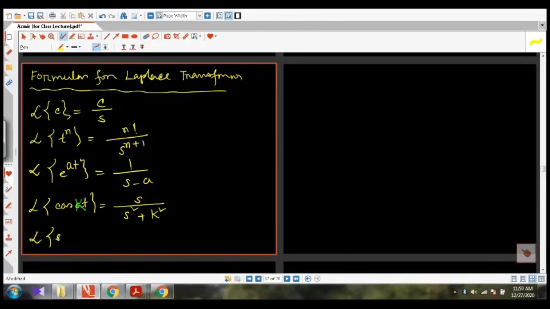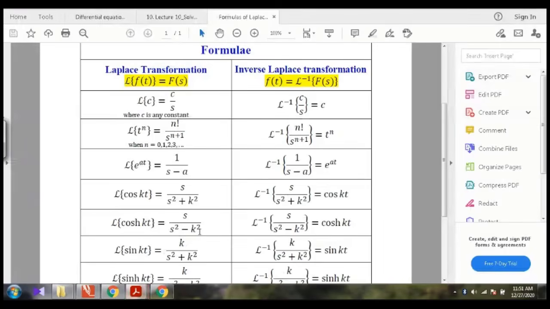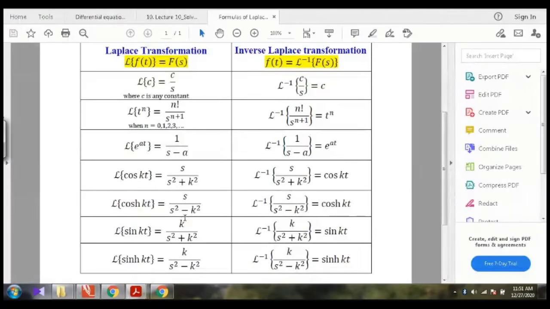The Laplace transformation of sine kt is equal to k over s squared plus k squared. So these are the formulas we have learned yesterday. And also we have the hyperbolic sine formula and hyperbolic cosine formula.